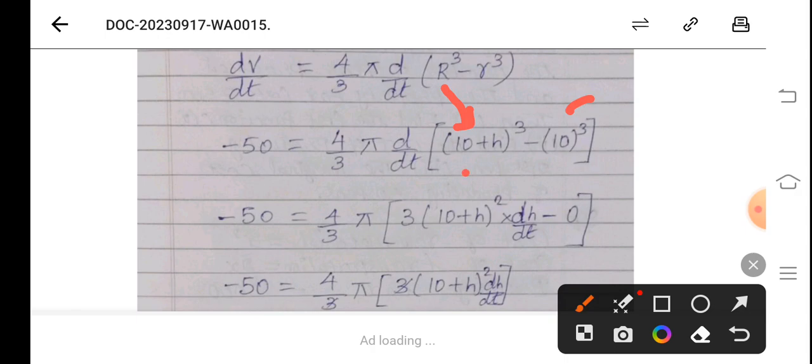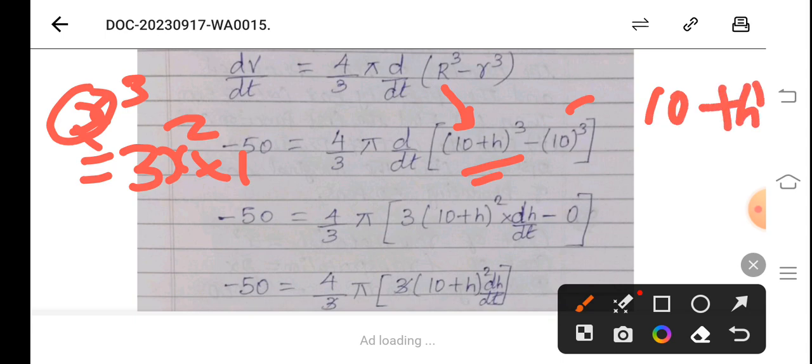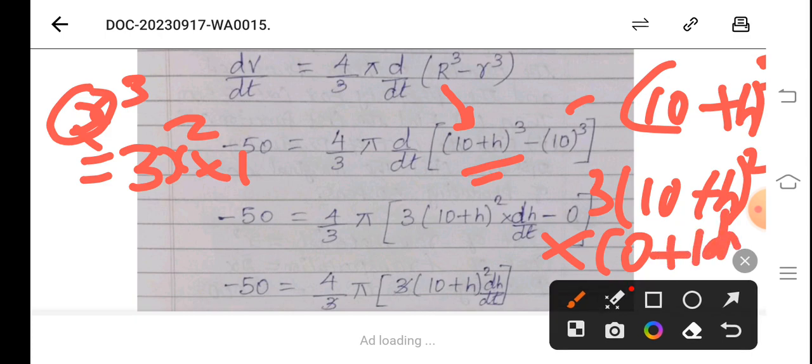Then 4 by 3 pi, we all know x cube differentiation is 3x square. So 3 times 10 plus h whole square, then inside we differentiate: 10 differentiation 0, h differentiation 1 into dh by dt.